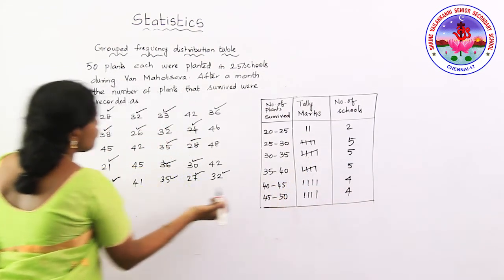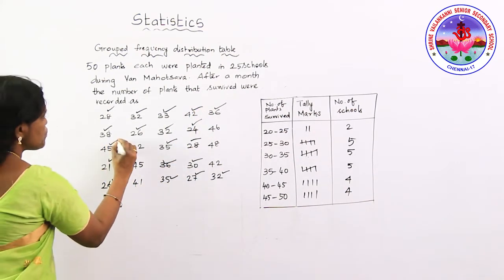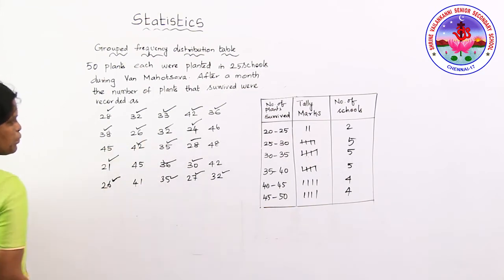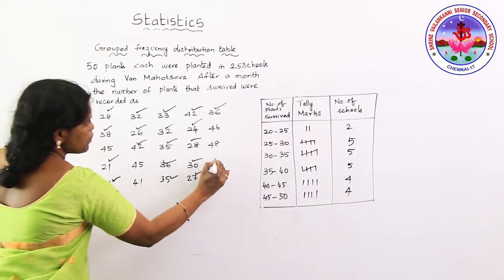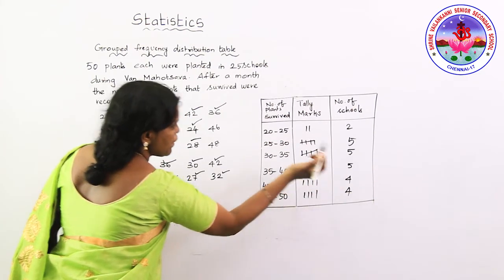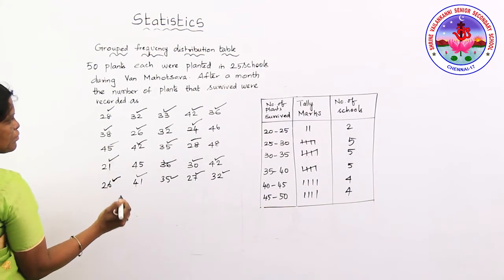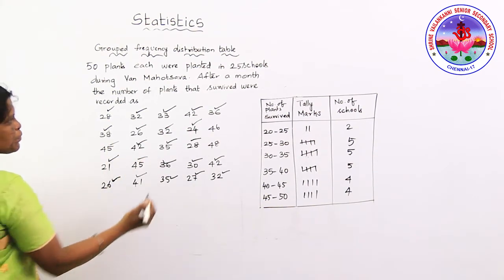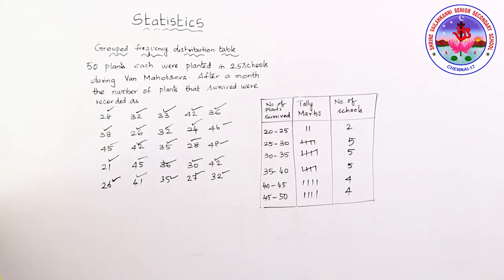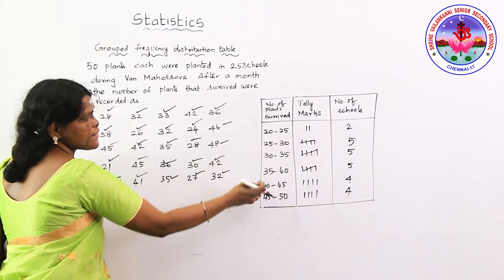So 5. 40 to 45, 1, 2, 3 and 4. So 4 schools, writing 4. 45 to 50, 1, 2, 3, 4 schools. Hence, I have calculated the number of schools which fall under each category.